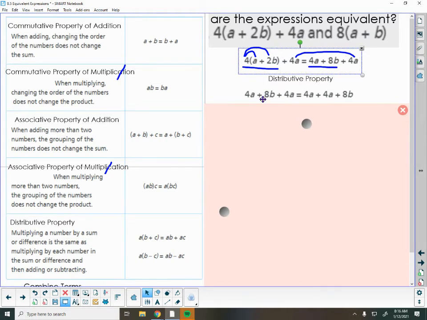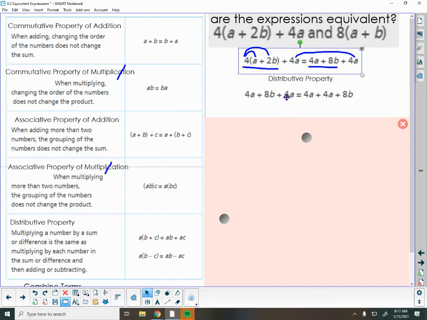So now they took 4 a's plus 8 b's plus 4 a's and rewrote it as 4 a's plus 4 a's plus 8 b's. So we're not using multiplication, and they didn't give anything or pull anything out. So it's not the distributive property yet. So we've got to decide, did they just switch things around or did they group things together in a different way? So when we're talking about the associative property, we should see some parentheses. Commute just changes the order.